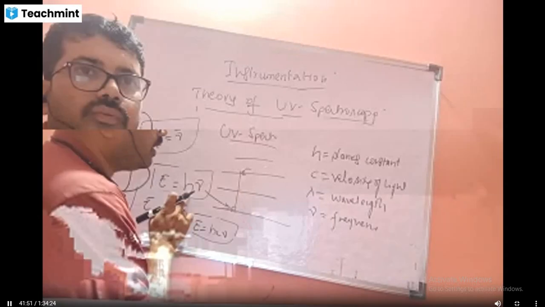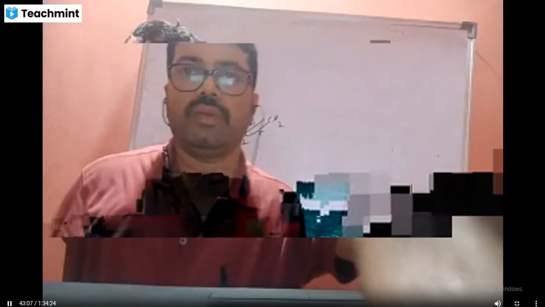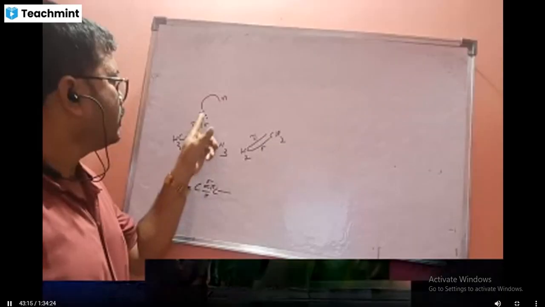Remaining two are pi bonds. Two non-bonded electrons.